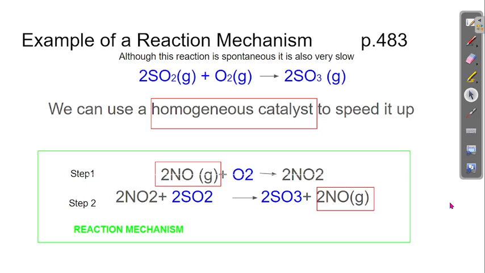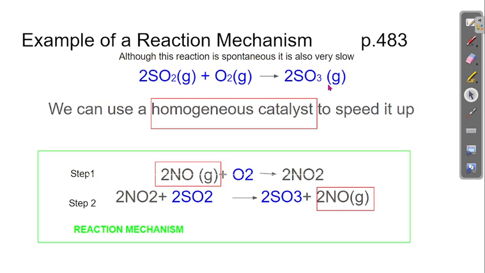Here's another example. You're going to find this example on page 483 in your textbook. Although this reaction is spontaneous, thermodynamically speaking, it is very, very slow.